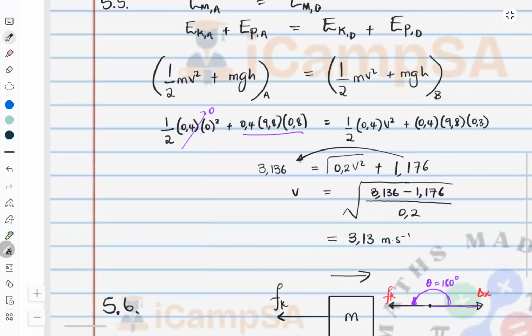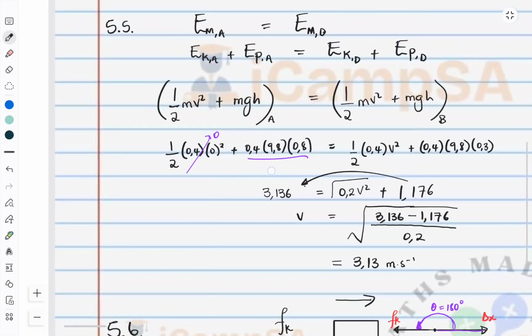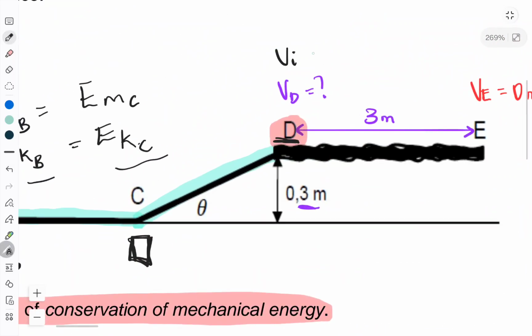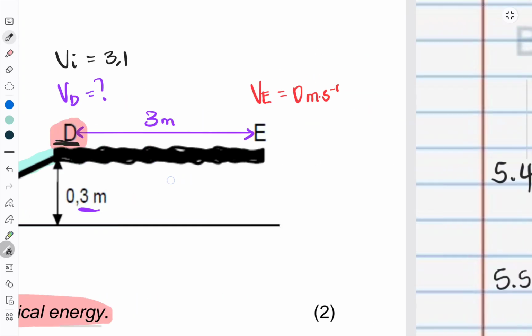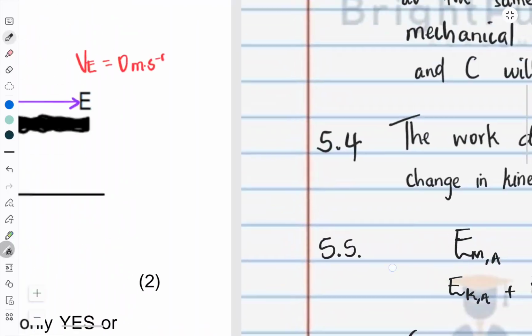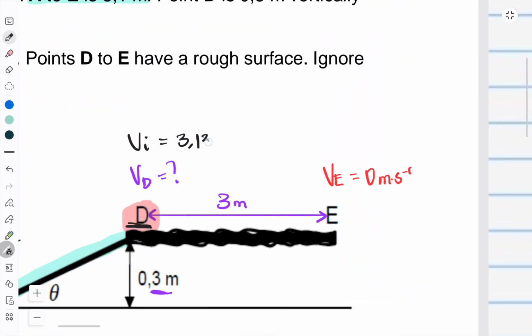At some point they asked us to find the speed at D. So we already have it. So our initial speed now would be 3.13, which is the speed we found for D, right? This is vD.